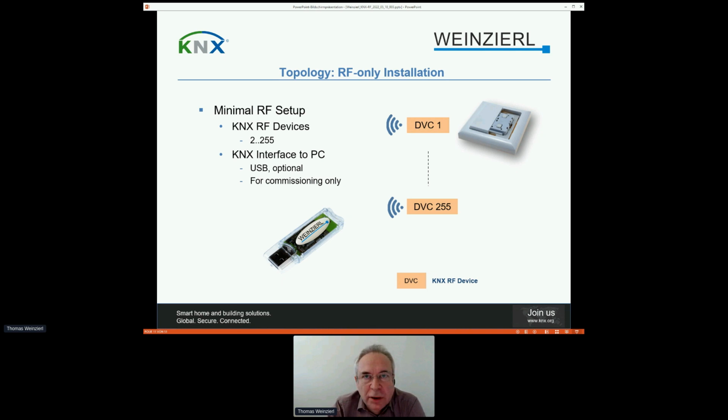Afterwards, the sensor can talk directly to the actuator without any interface or any central devices. If you have a pushbutton which also supports a USB connection, it can also be used to commission the system without an additional USB stick.